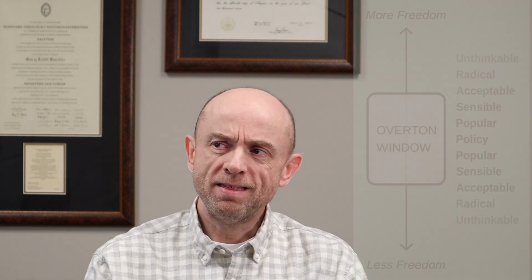Now, you may think as you listen to that, and I can give you some examples as we go along, that politicians manipulate the window. Well, in reality, they usually don't manipulate it too much, but they're very good at reading it correctly and then aligning their proposals or policies to match whether or not it's in the window.